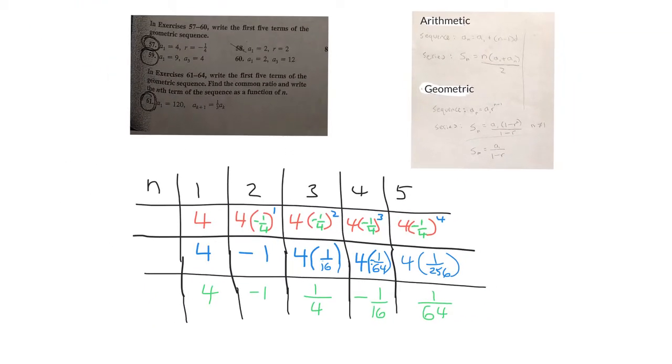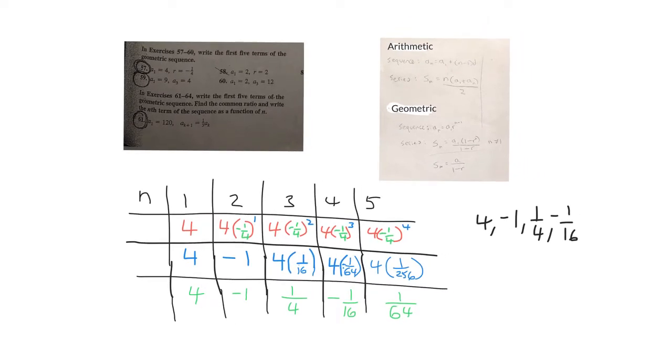If you want to be a little bit neater about it on the quote-unquote final draft, you could just write 4, comma, -1, comma, 1/4, comma, negative 1/16, and finally, of course, the last one would be positive 1 over 64, and that would be the answer. So once again, pause the video, rewind it if you need another example of how to do that, but actually, we're going to do another one soon. So anyway, that's how I would tackle number 57.